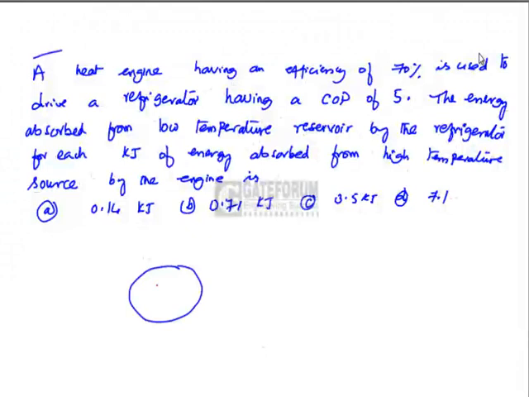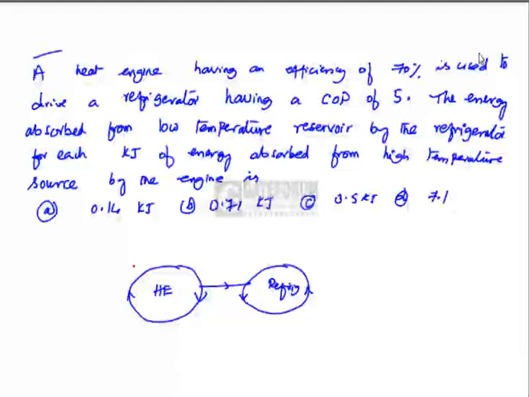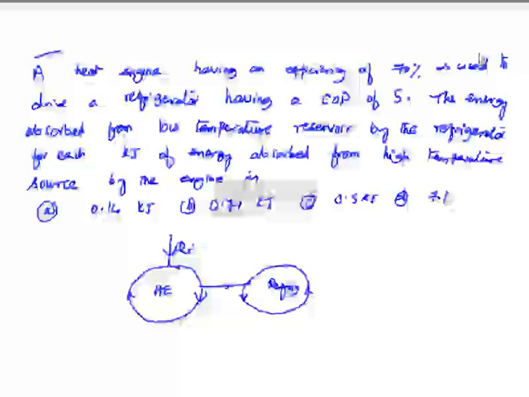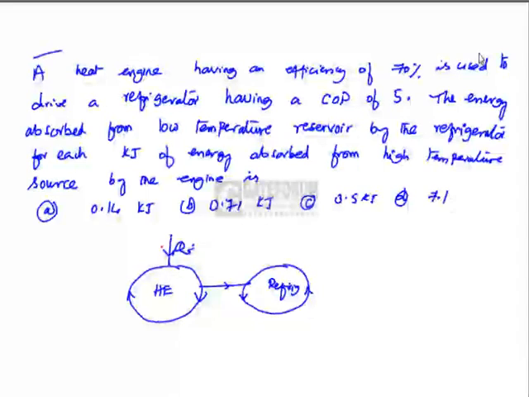A heat engine is driving a refrigerator. Refrigerator should run in the anti-clockwise sense, whereas heat engine should run in the clockwise sense. The heat supplied to the heat engine is given as 1 kilojoule.